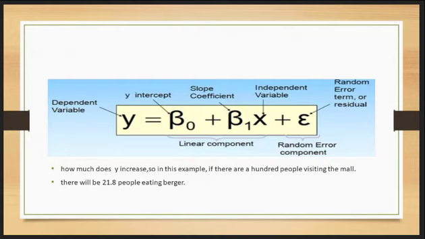The slope, or the coefficient, is already given here. But what does slope or coefficient mean? It simply means that for a 1 unit change in X, how much does Y increase? So in this example, if there are 100 people visiting the mall, there will be 21.8 people eating burgers, right?